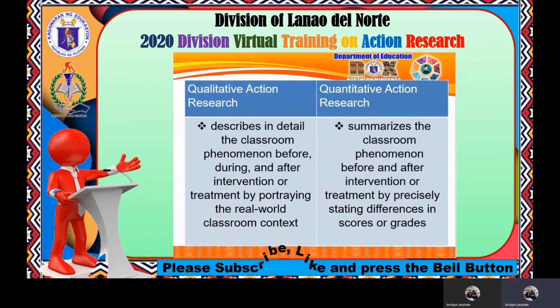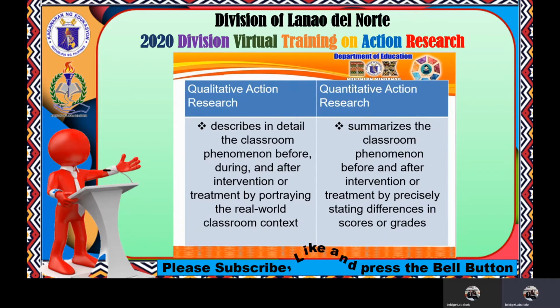Another, qualitative action research describes in detail the classroom phenomenon before, during, and after intervention or treatment by portraying the real-world classroom context. On the other hand, quantitative action research summarizes the classroom phenomenon before and after intervention or treatment by precisely stating differences in scores or grades.